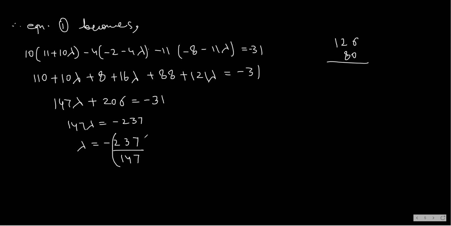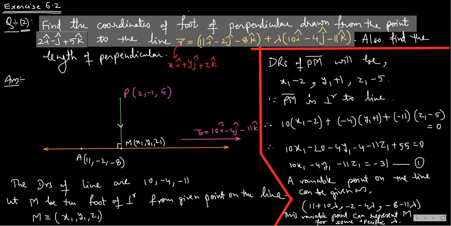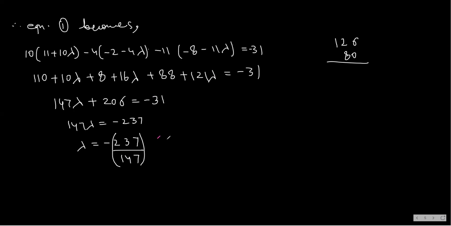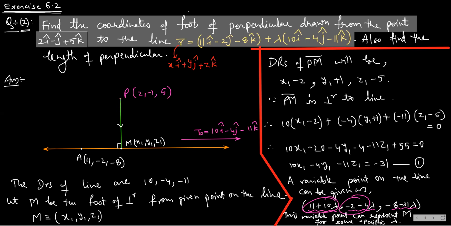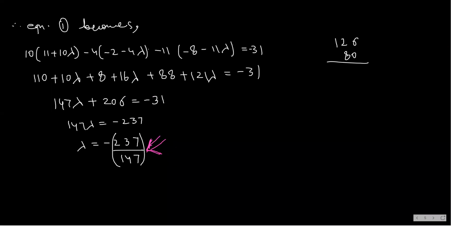See, this is the lambda value, minus 237 upon 147, for which this point will give you the coordinates of M. This is quite an odd number, a difficult kind of lambda value, but that is the fact. When you substitute this lambda here, you will get the x, y, z of point M. You just can't help it, you will have to calculate it.